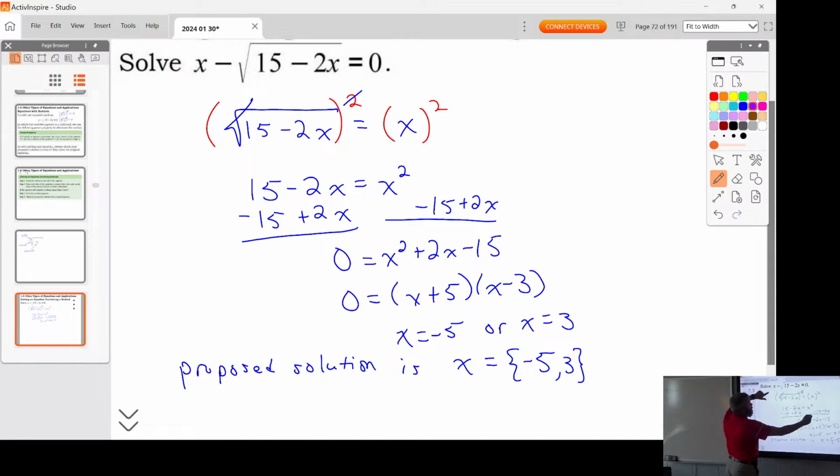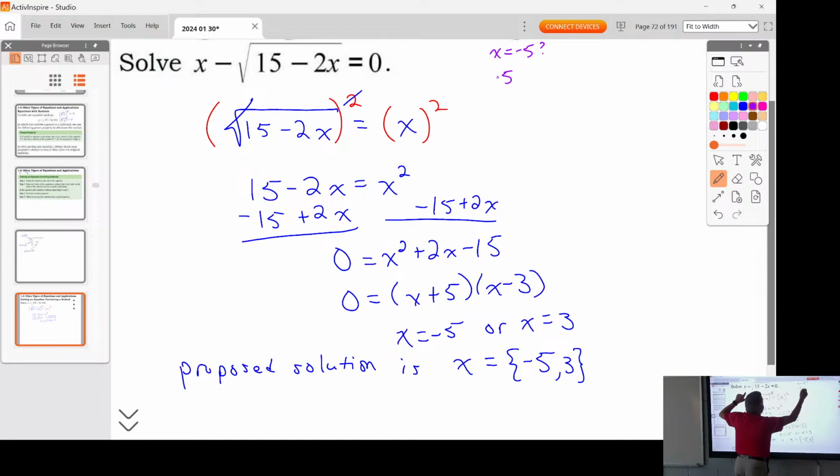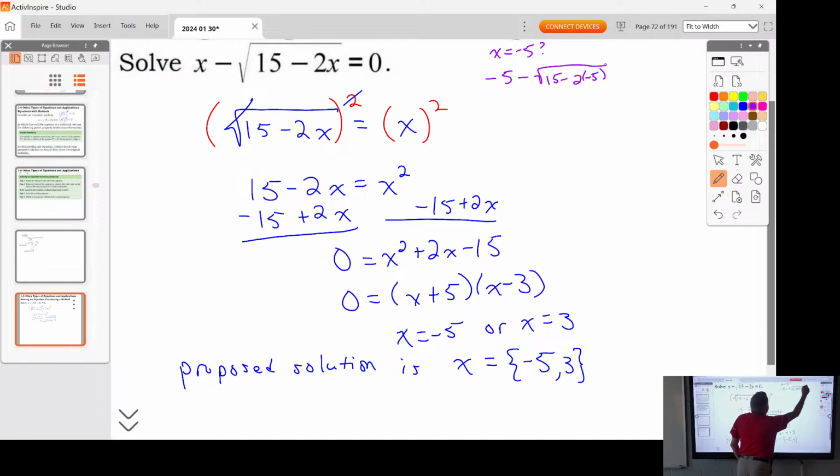Let's try negative 5. Well, I'm going to take my original equation, and everywhere I have an x, I'm going to replace it with a -5. So I have -5 minus the square root of 15 minus 2 times -5 equals 0.